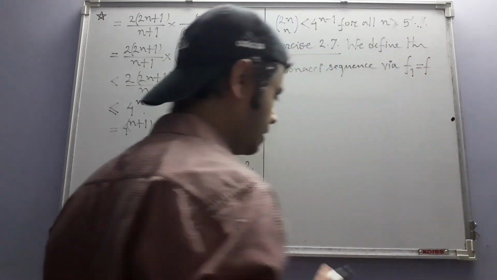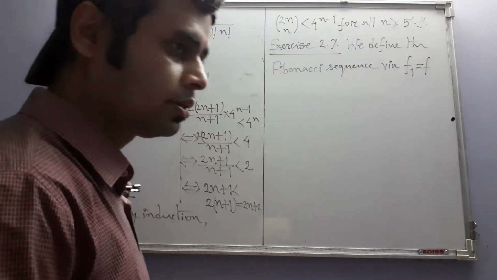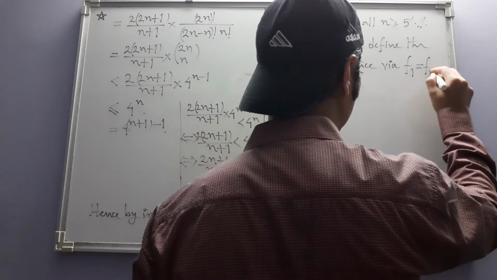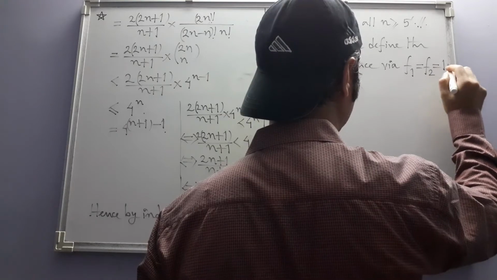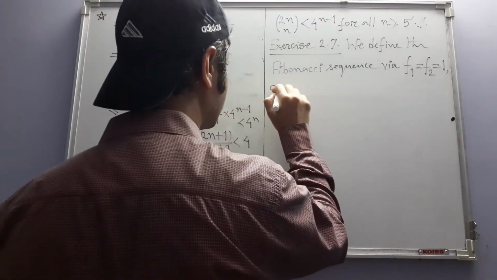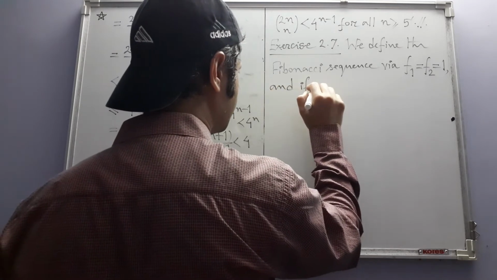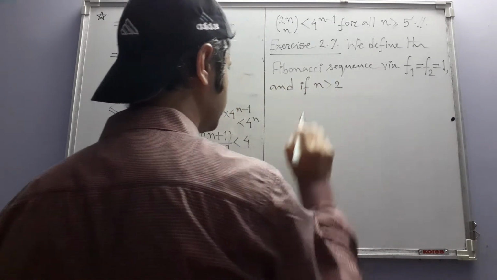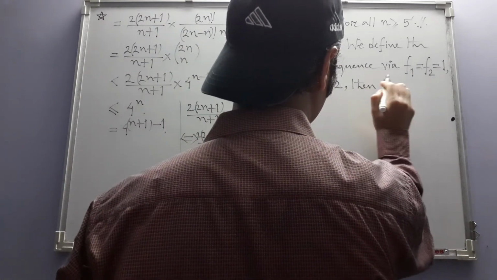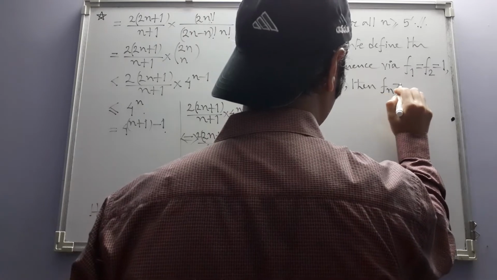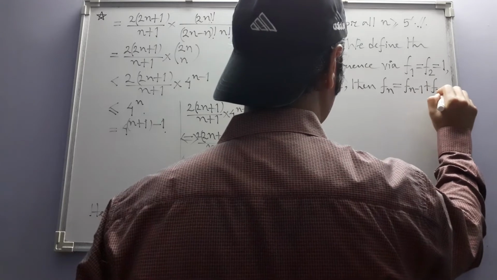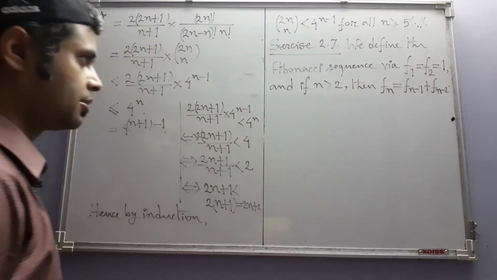The nth term of the Fibonacci sequence is denoted Fn, F suffix n. So the first two terms are both equal to 1, and if n is an integer greater than 2, then Fn is defined to be the sum of the previous two terms in the sequence.